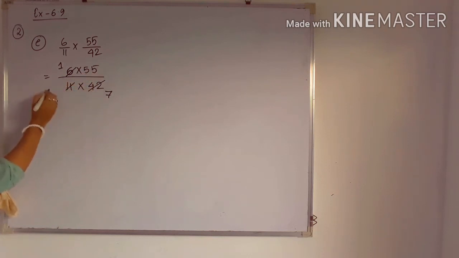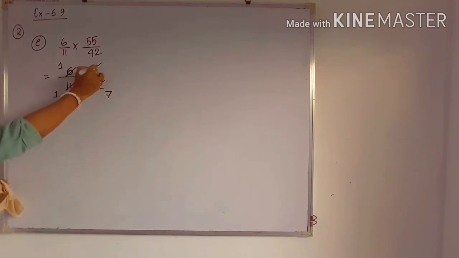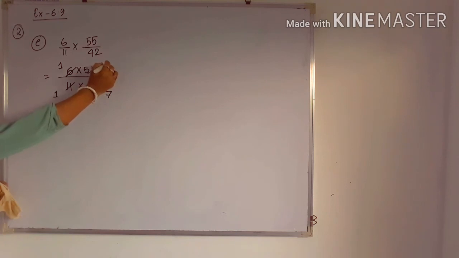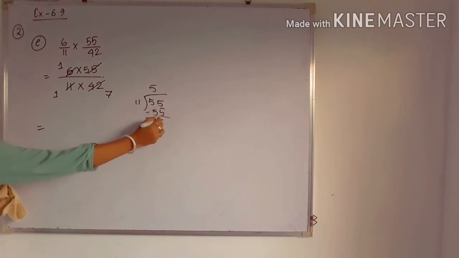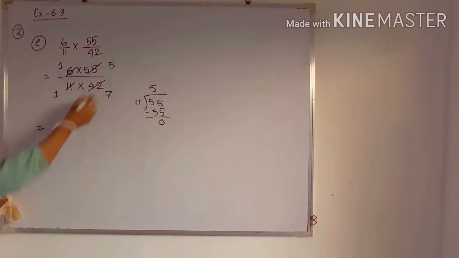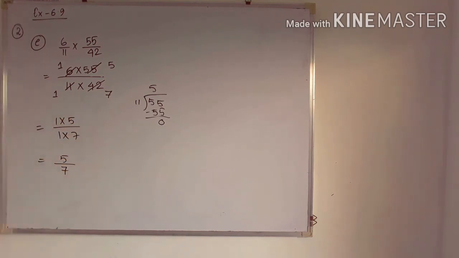You have to write the quotient. 11 1s are 11. Similarly, you have to write the quotient again. When you divide 55 by 11, what will be your quotient here? Yes, 5. So we can cancel and write 5. So 1 into 5 by 1 into 7. So the final answer will be 5 by 7.